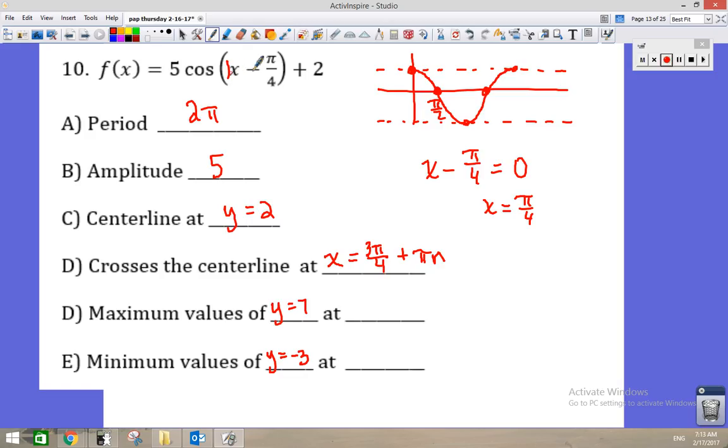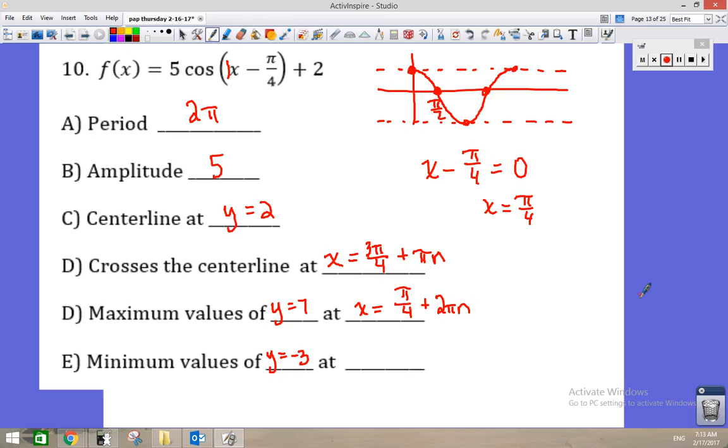We know that this is a shift to the right, pi over 4. So if you're at pi over 4, then you're at a maximum value. And the next maximum value is located a whole cycle away, and the length of that cycle is 2 pi, the period. So you're adding integer multiples of the period to that.